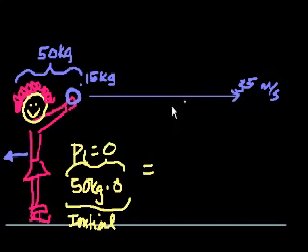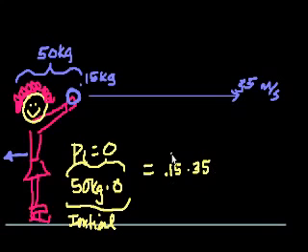So what's the momentum later? Well, we have a ball moving at 35 meters per second, and the ball has a mass of 0.15 kilograms. I'll ignore the units for now just to save space. So it's 0.15 times the velocity of the ball, 35 meters per second.